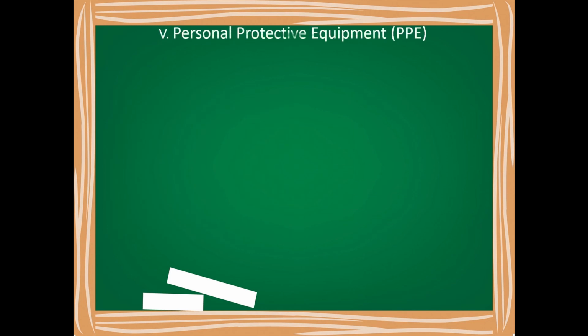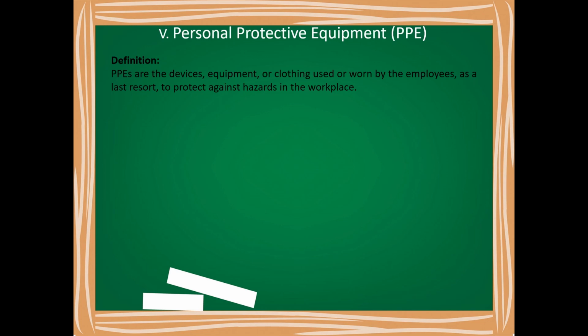Personal protective equipment, PPE. Definition: PPEs are the devices, equipment, or clothing used or worn by the employees as a last resort to protect against hazards in the workplace. Categories of PPEs.